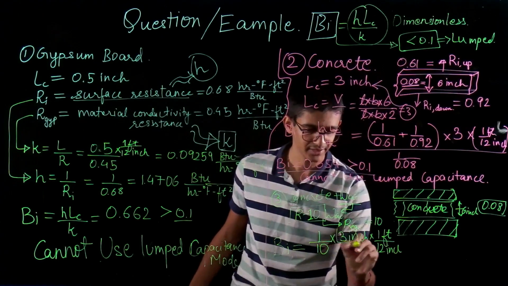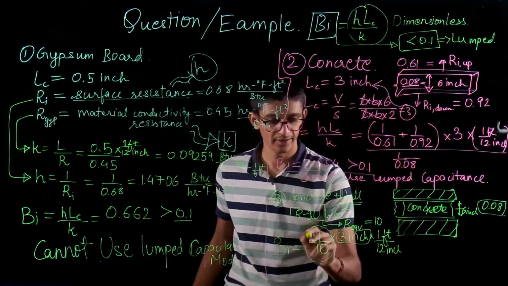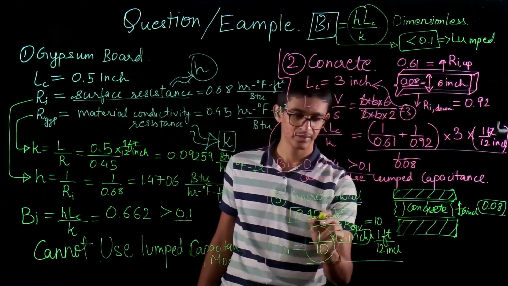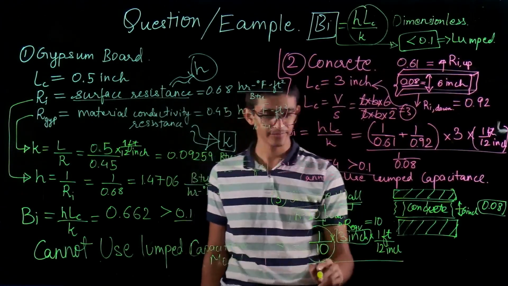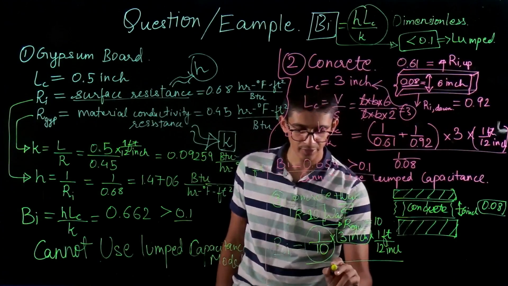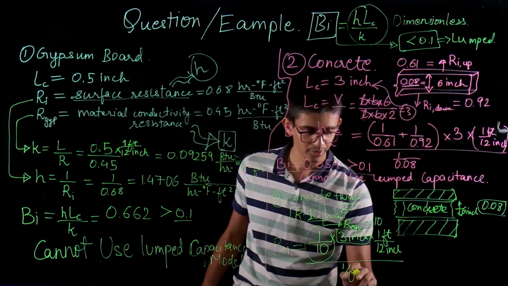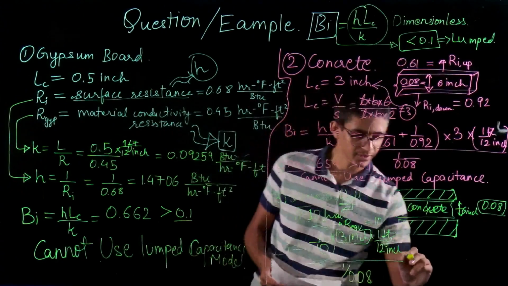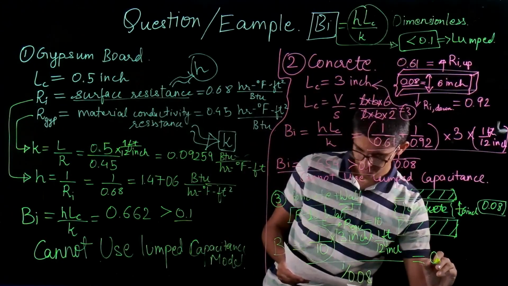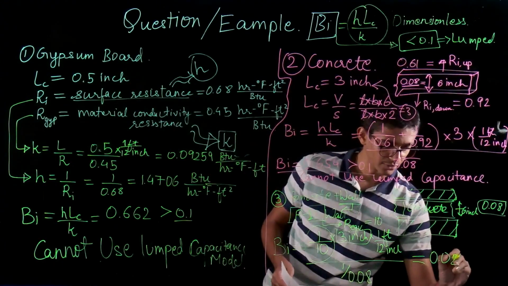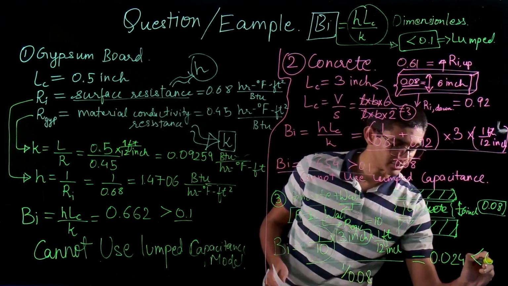So this is my LC. This is my overall H value, which is given by resistance R10. So 1 by 10 into 3 upon K, which is 1 by 0.08. And now my Biot number comes out to be 0.024. And this is less than 0.1.